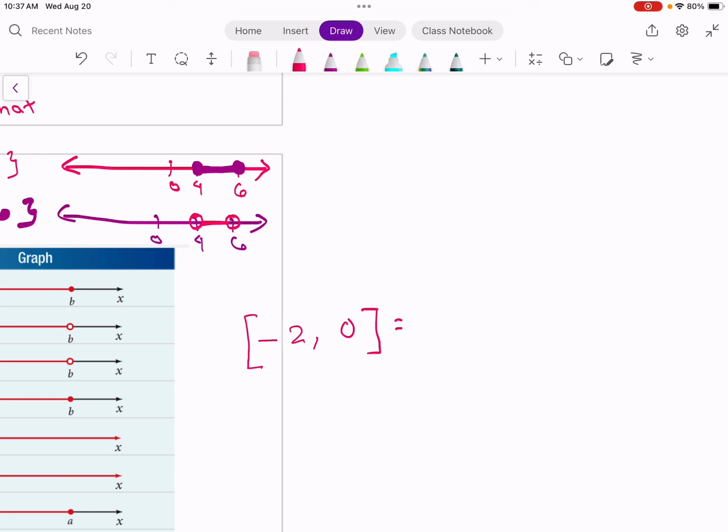It has to be "and". So this is a set of real numbers which consists of all numbers greater than or equal to -2 and less than or equal to 0. So if you have a number equal to -2, or equal to 0, or anything in between, this set consists of those numbers.